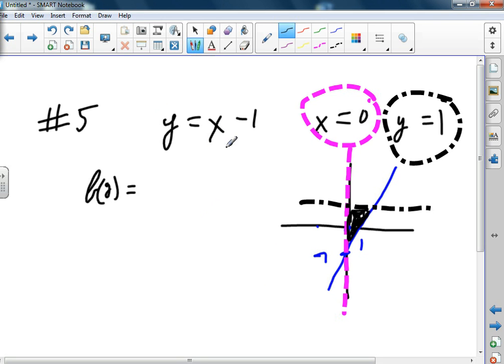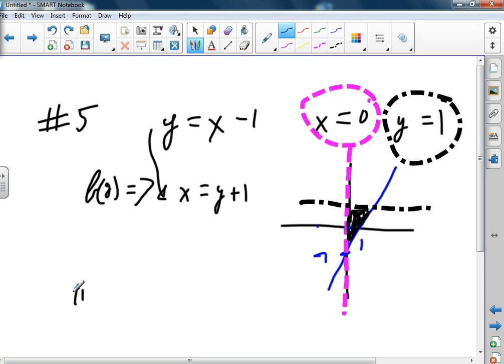So we'll rewrite this equation to say x equals y plus 1. So we took our equation and rewrote it, x is equal to y plus 1.